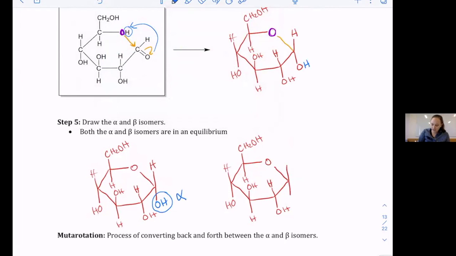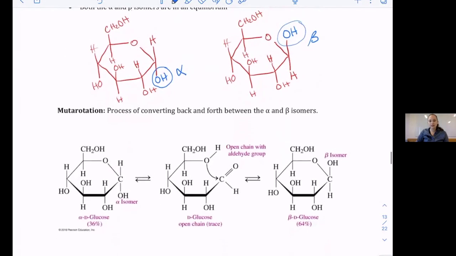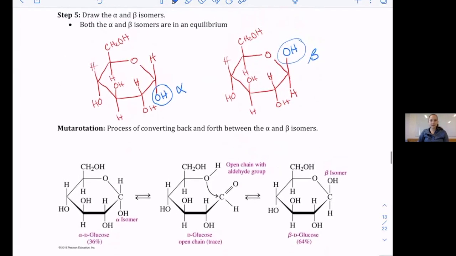And then if the hydroxide goes to the top instead of the bottom, this is called the beta isomer. So you can have an equilibrium between these two, the process of converting back and forth between the alpha and beta isomer.